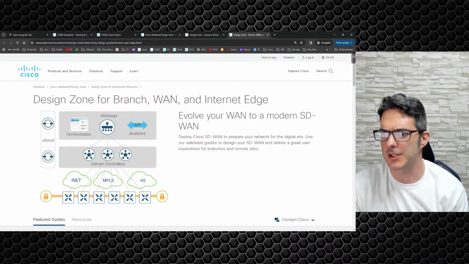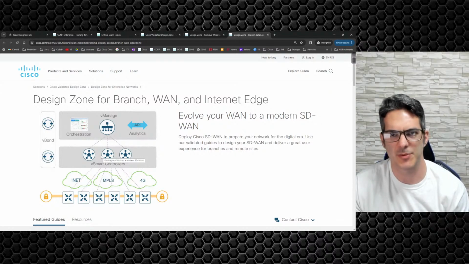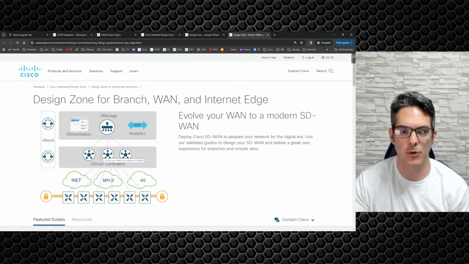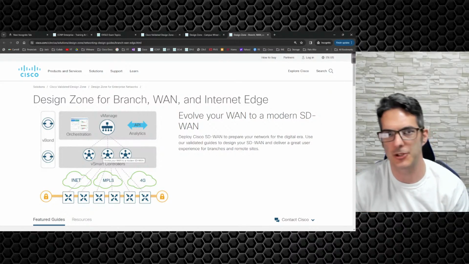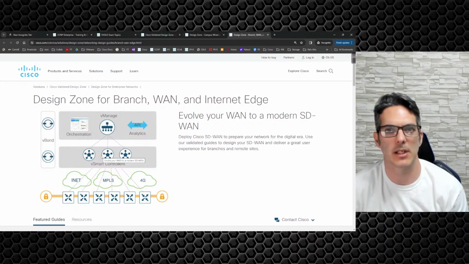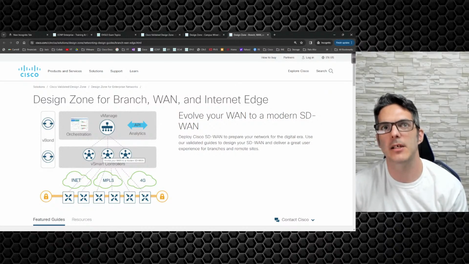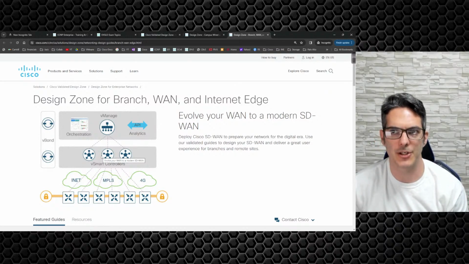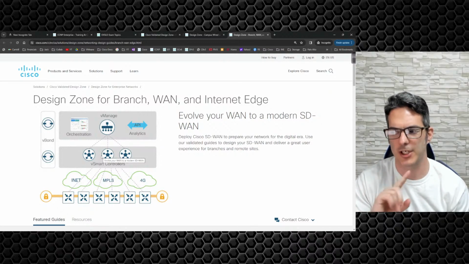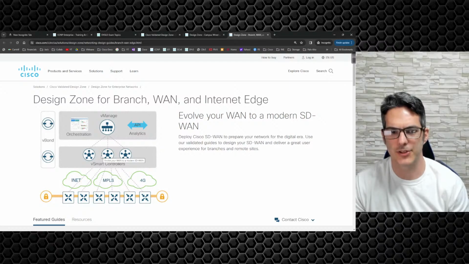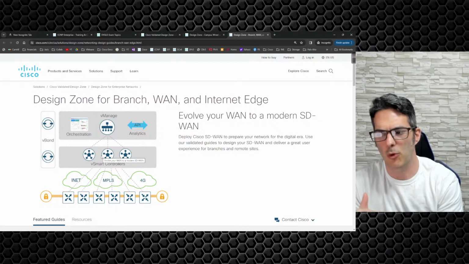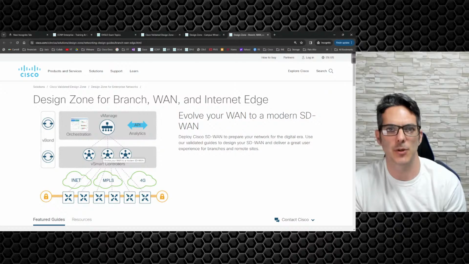So does it make sense to deploy SD-WAN, or does SD-WAN make sense for you? If you're a very static environment where things aren't moving and you don't have a ton of applications, where let's say you've got less than 10 business critical applications and you don't have a lot of inter-site communication, to me, you are not a candidate for SD-WAN.